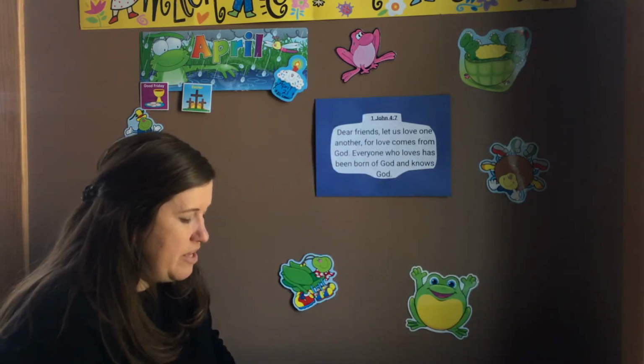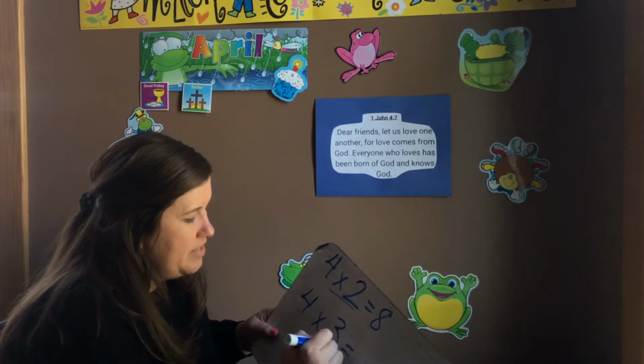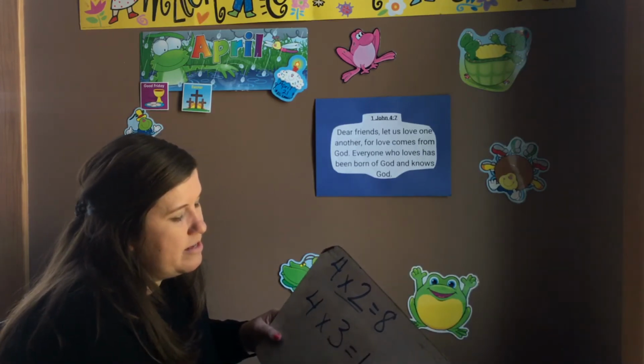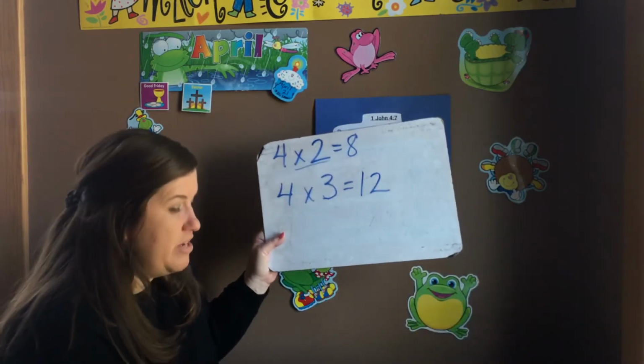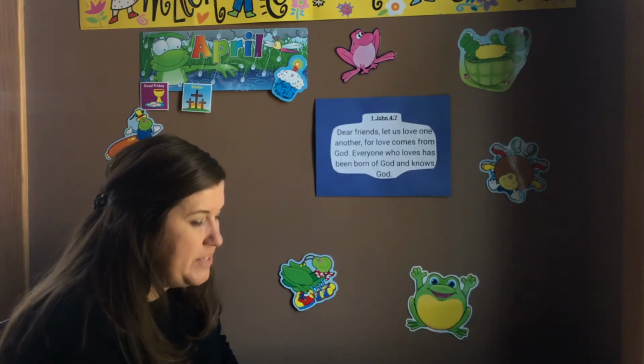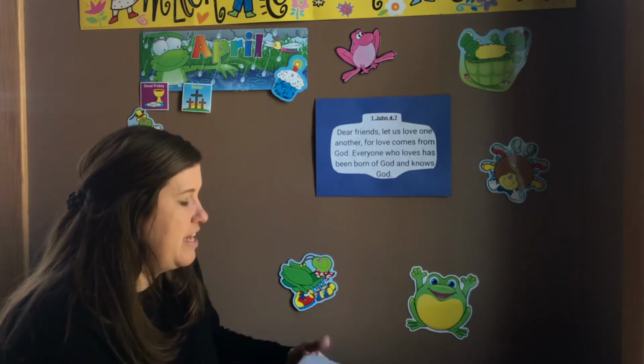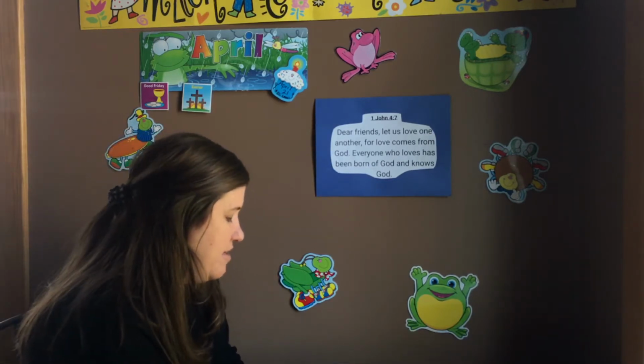So we have 3 groups of 4, or 4 groups of 3, and that is going to be 12. Okay, now, this is kind of similar, so I feel like I'm doing the same thing.